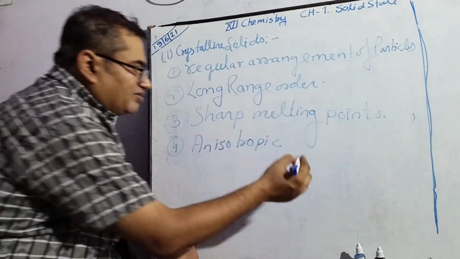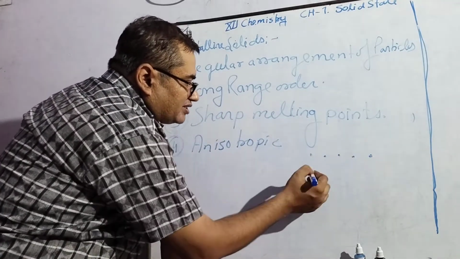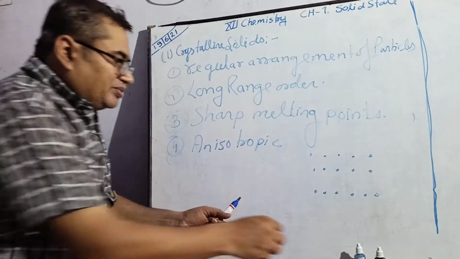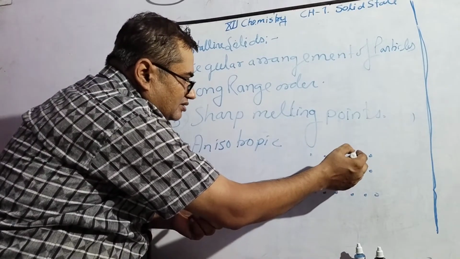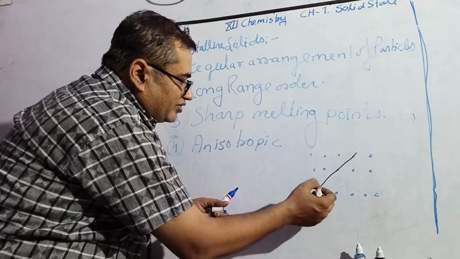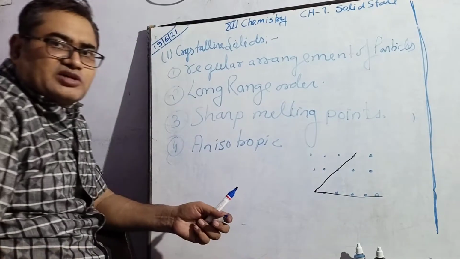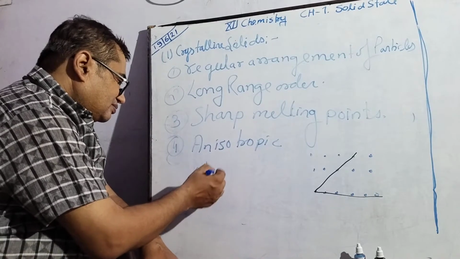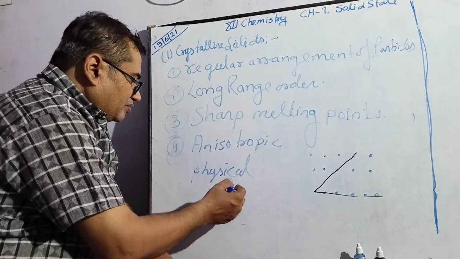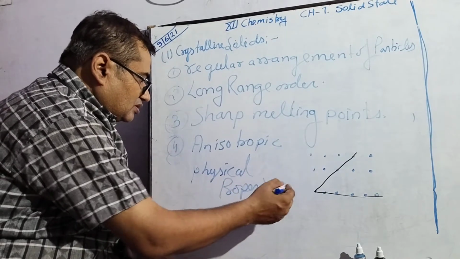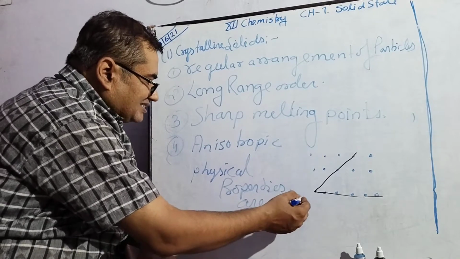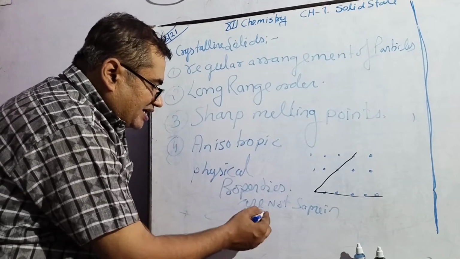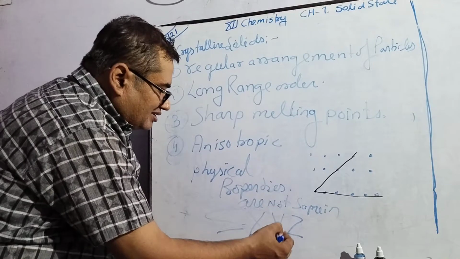It means that whenever we arrange crystalline solid particles in a regular manner, with reference to one line, the physical properties are not the same along the x-axis, y-axis or z-axis.